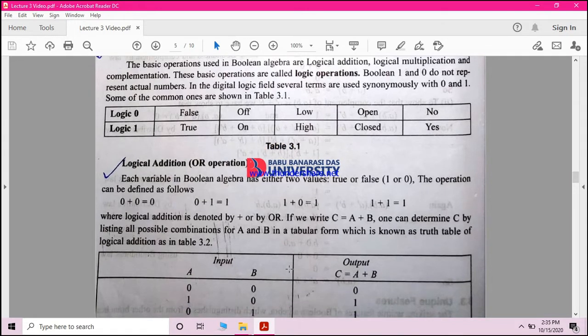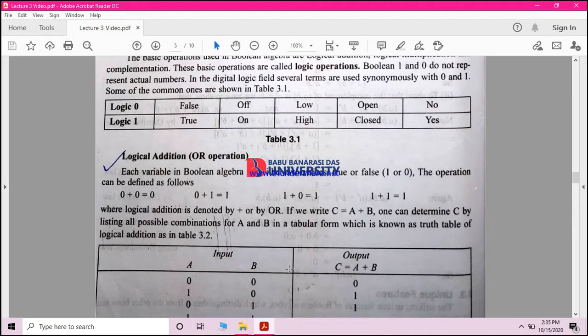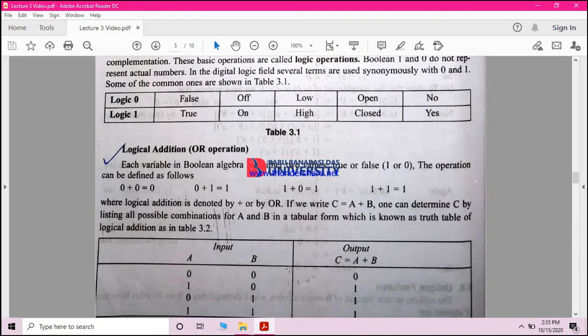For example, if you want to say 0, you can also replace the 0 by saying false. 0 also means off, low, open or no. So these are the terms using which you can represent a logical 0. In the same way, if you want to represent logic 1, you can simply say a true value, on, high, closed or yes.